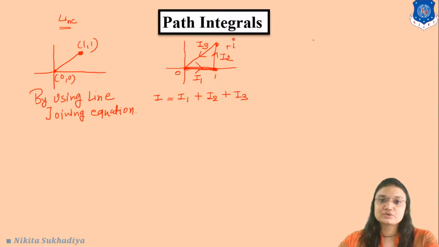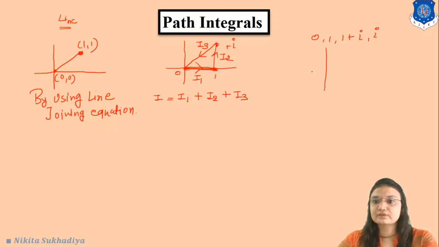For example, if we have a question like: evaluate this integration along the path 0, 1, 1 plus i, and i. This path starts from 0, then goes to 1, then 1 plus i, and then i. By joining these 4 points we get this type of path.